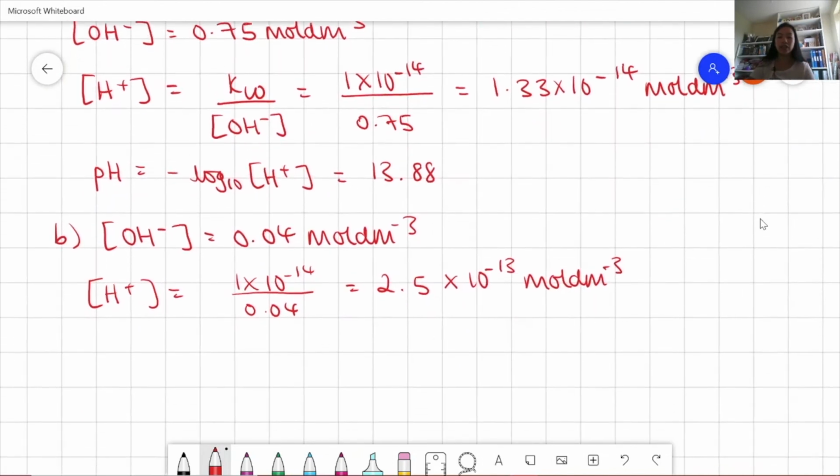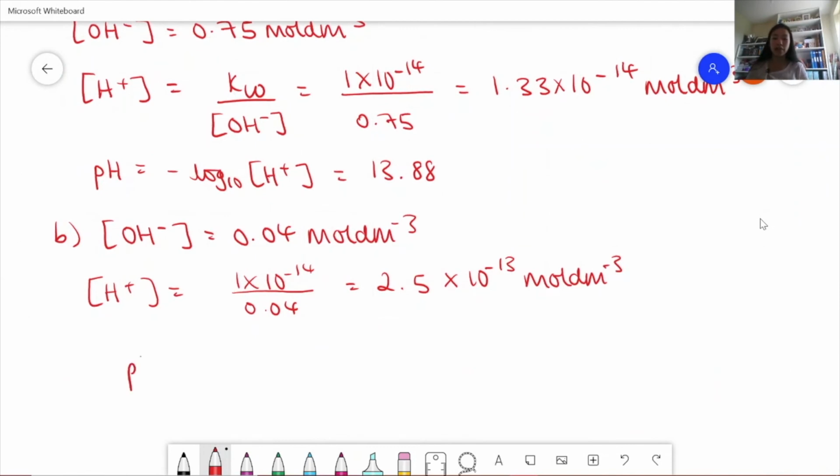Then using the pH equation again, pH is equal to minus log to the base 10 of 2.5 times 10 to the minus 13, and this equals 12.60. So as you can see, these are both really strong bases, and that's why we use Kw.